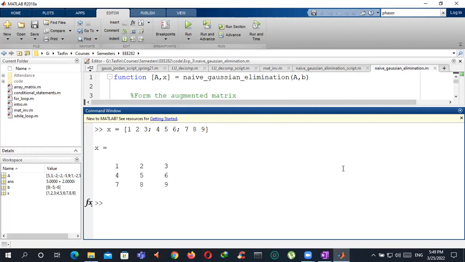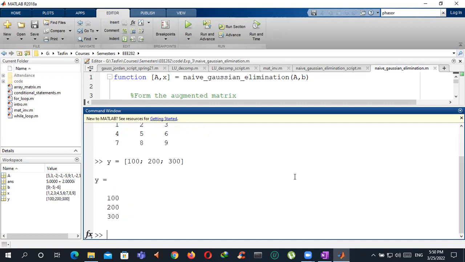This is our X matrix, and let's assume our Y matrix looks like this: 100, 200, and 300. If I write X space Y in square brackets, then these two matrices will be augmented. This Y would be just added as a separate column.